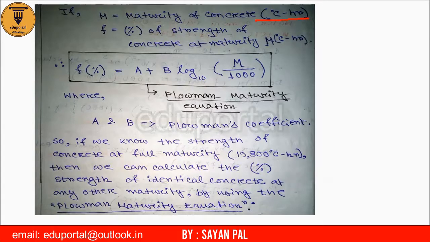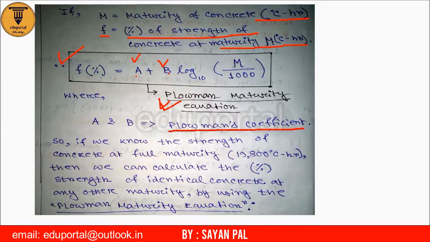F is the percentage of strength of concrete at maturity m. From Plowman's equation, which is very important, we get F percentage equal to A plus B log 10 of m by 1000, where A and B are Plowman's constants.